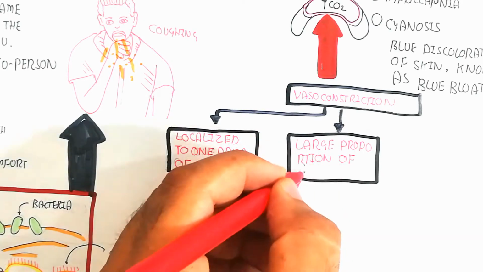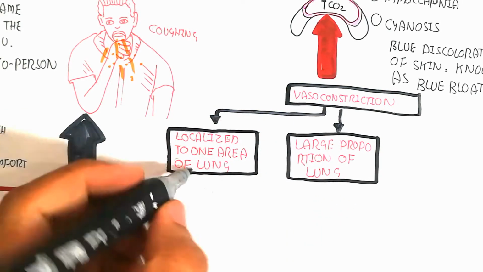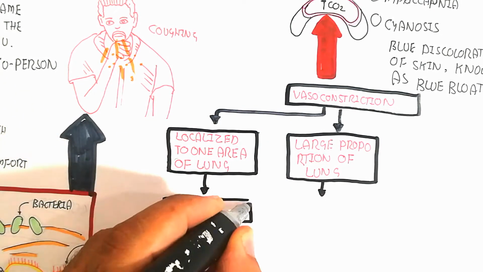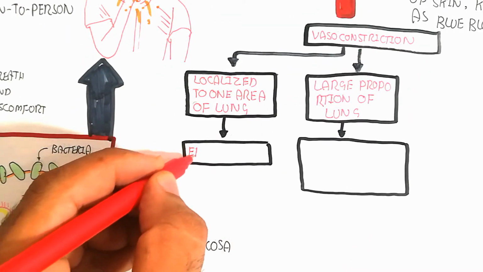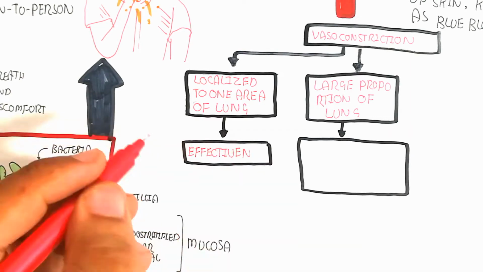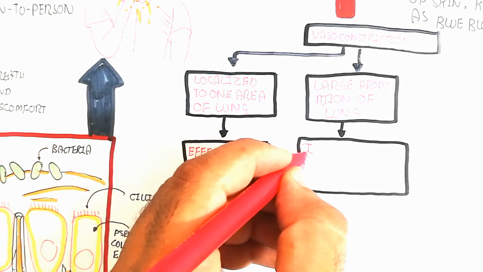The vasoconstriction is due to increased blood pressure in the pulmonary circulation, for more absorption of oxygen while carbon dioxide increases in the air sac.